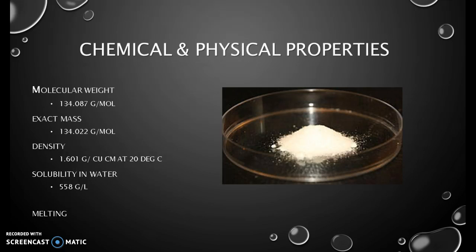The chemical and physical properties of malic acid. So it has a molecular weight of 134.078 grams per mole. The exact mass is 134 grams per mole.